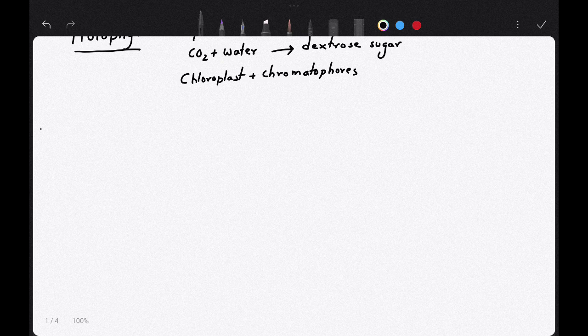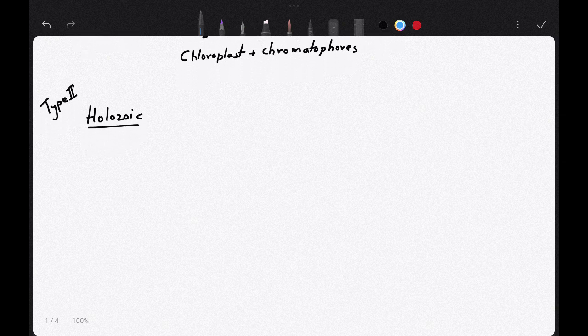Now type 2 is holozoic nutrition. In holozoic nutrition, the organism is dependent on other organisms for food, and we see phagotrophy. Suppose this is the amoeba and this is the food.